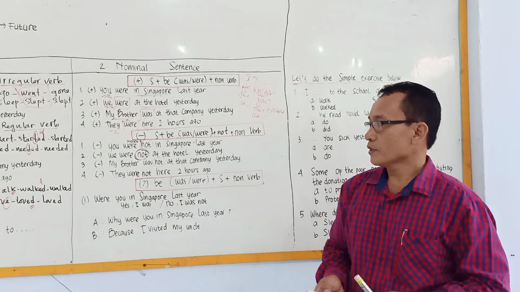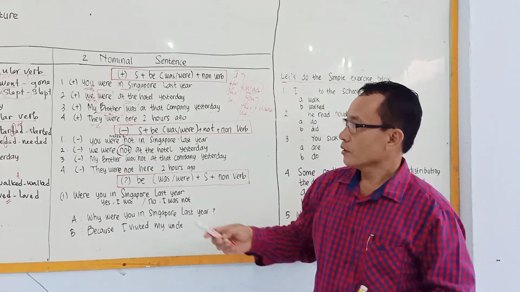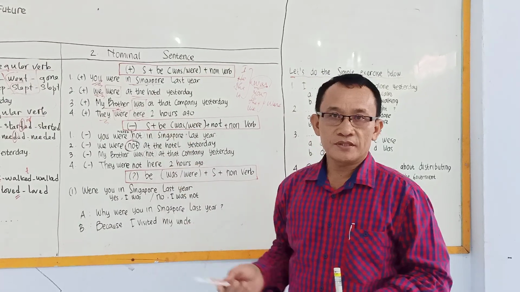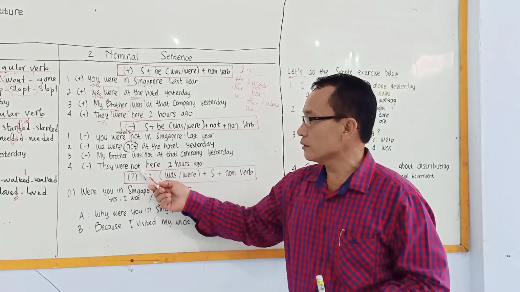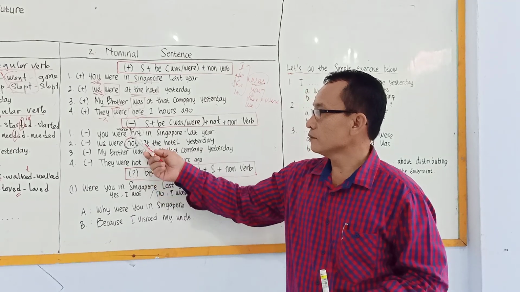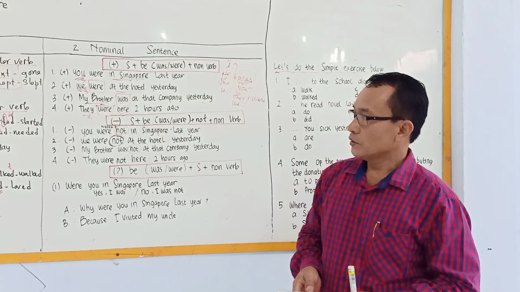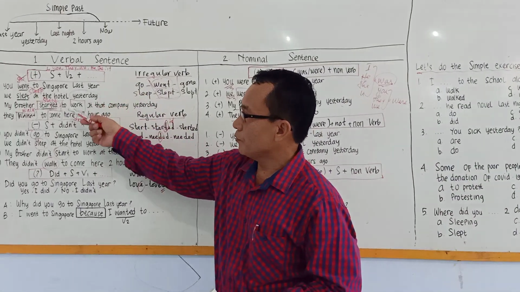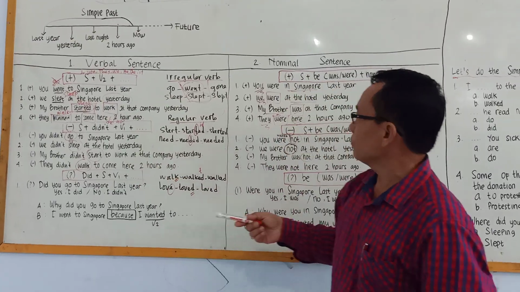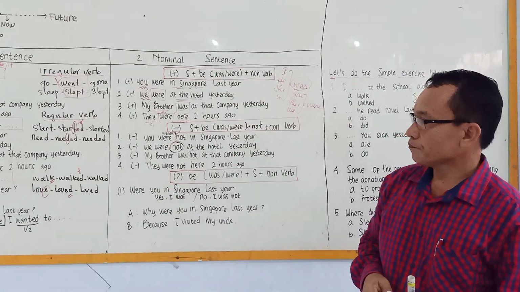Yes, good. My brother wasn't at the company yesterday. They were here to our school. Negative: they were not, or they weren't here to our school. So, those are examples of positive and negative nominal sentences.